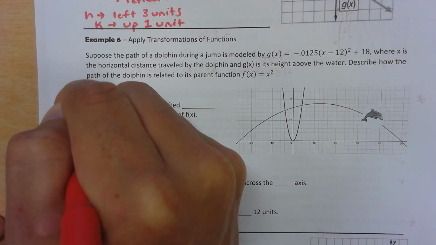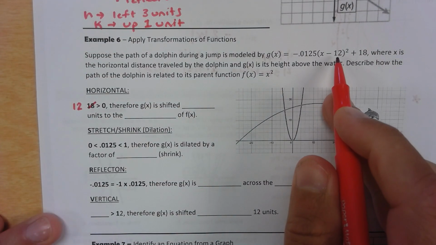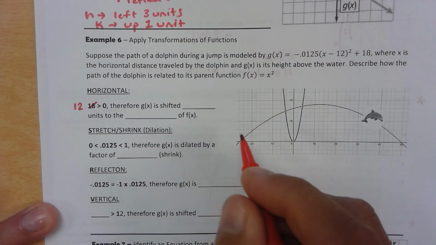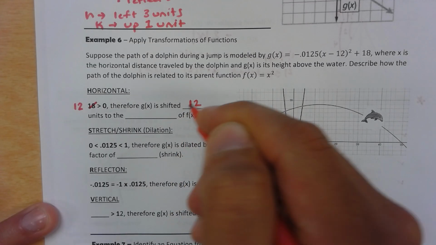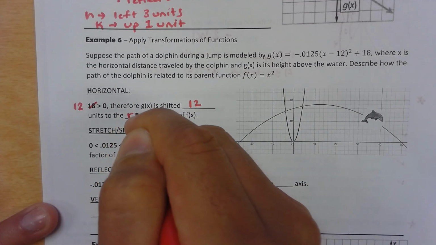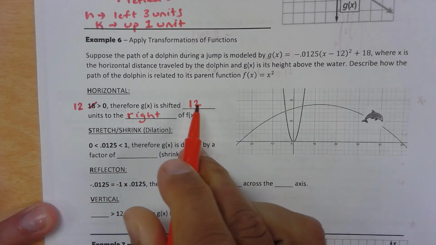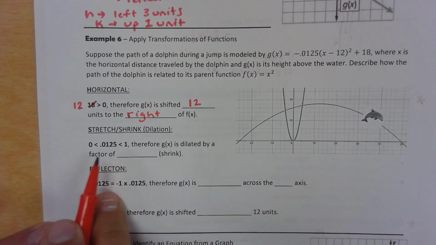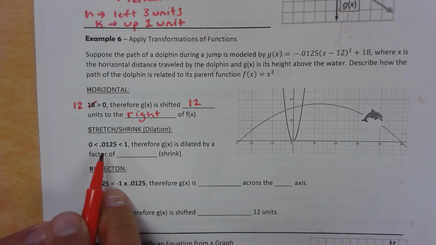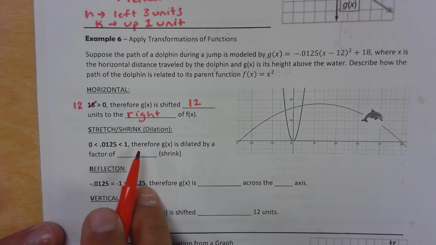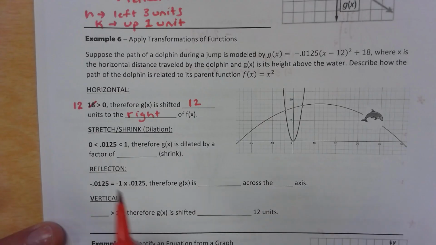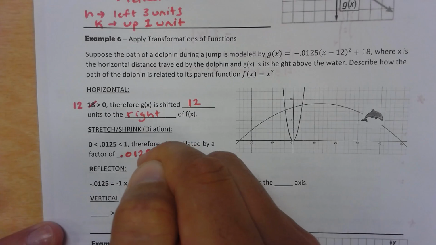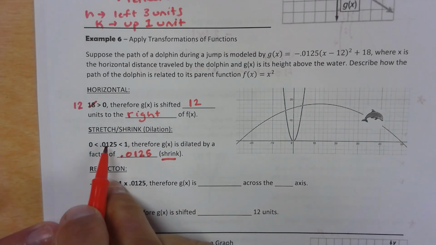Sorry about that. 12 is the horizontal shift, right? 12 is greater than 0, therefore g of x is shifted 12 units to the right of f of x. 12 units to the right because 12 is greater than 0. Stretch or shrink, so 0.0125 is a value between 0 and 1. Therefore, g of x is dilated by a factor of 0.0125. And that would be a shrink because it's not greater than 1.